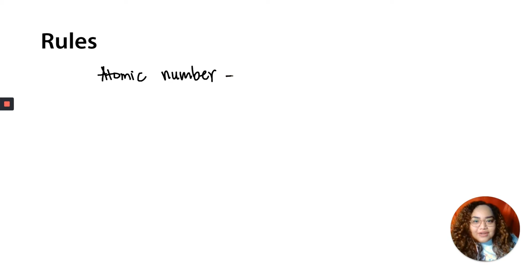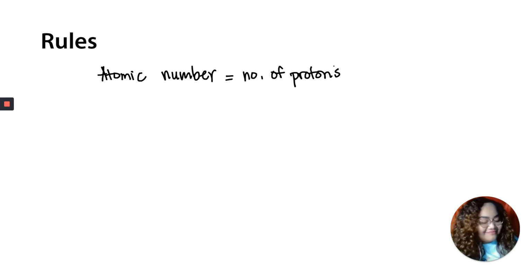The atomic number is basically the number of protons. So therefore, the number of protons actually dictates what element that is. I hope you get that. So for example, if you use carbon, carbon has an atomic number of 6. Therefore, the number of protons that are found in carbon are 6, right? Makes sense. So that is the number of protons.